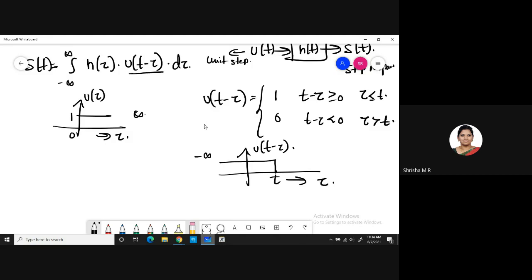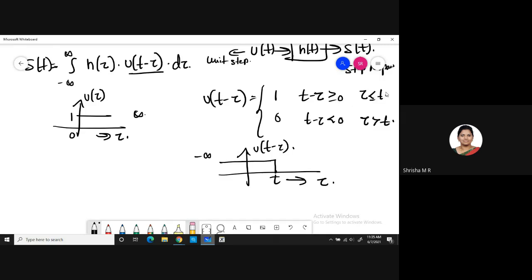Got it, everyone? So u of t minus tau is equal to 1 when t minus tau is greater than or equal to 0, or tau is less than or equal to t.